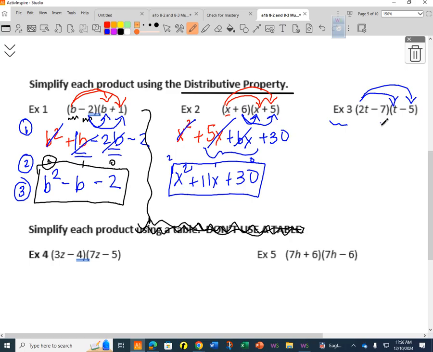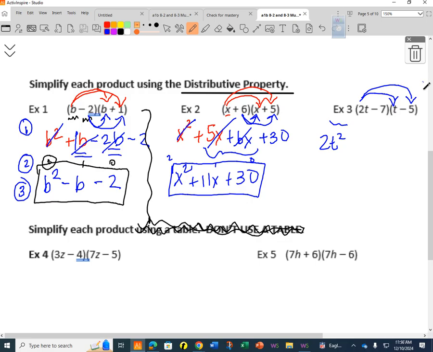What's t times t? Okay, so I just asked you about x times x, right? And you were a little confused. I think maybe Lee told you x times x is x squared, right? If x times x is x squared, what do you think t times t is? Yes. But it's 2t times t, so it's 2t squared.